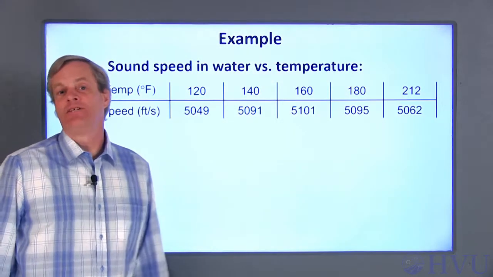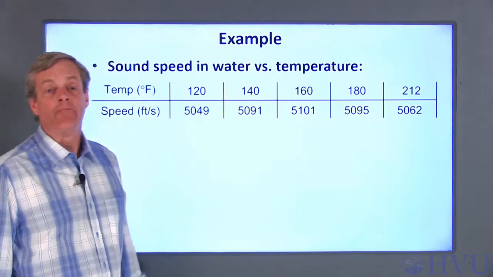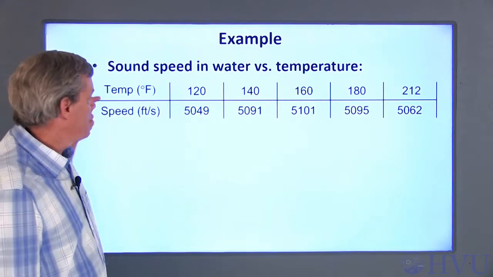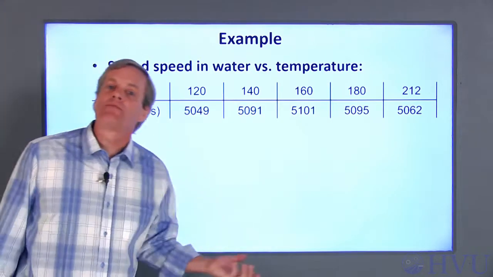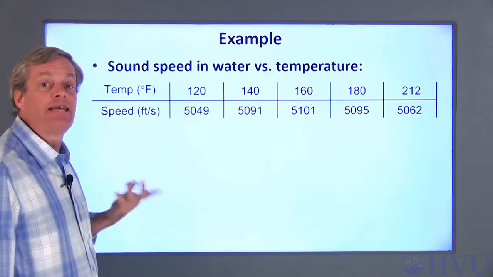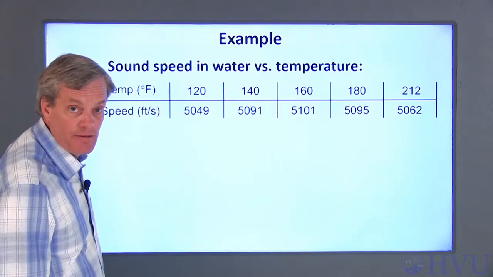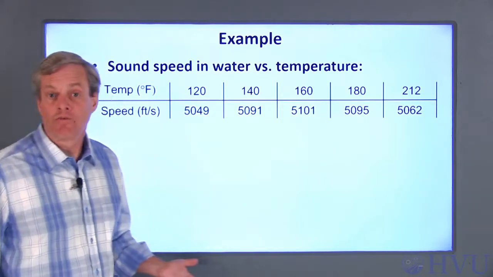The next example illustrates how MATLAB can be used to represent and reference some experimental data. This data provides the sound speed in water as a function of temperature. There are really two types of numbers here. The first set of numbers is a group of temperatures, and the second set is a group of sound speeds. It makes sense to assign these two types of numbers to different arrays.